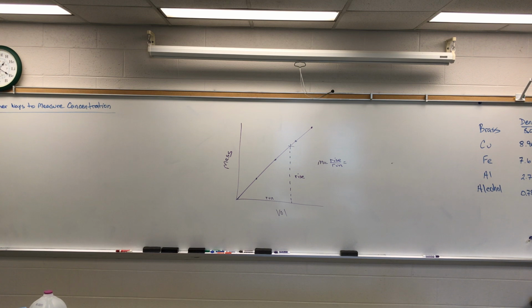Isn't everybody getting close to being finished? Because you're going to start talking about accuracy and precision, right? This one, grams per milliliter is different than grams per centimeter cubed. Basically, 1 cubic centimeter is 1 milliliter.